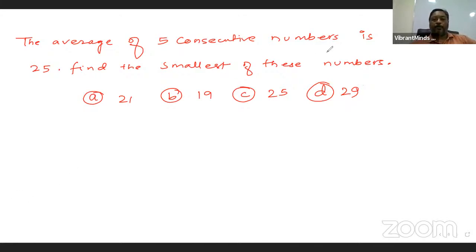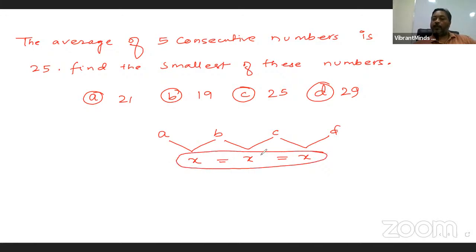Now 5 consecutive numbers. First, we have to know what a consecutive number is. Consecutive numbers means if we have a few numbers called A, B, C, and D, between A and B, whatever the difference is, B and C will have the same difference. Between C and D, it will have the same difference. So here the difference will always be equal, and so we can call A, B, C, D consecutive numbers.